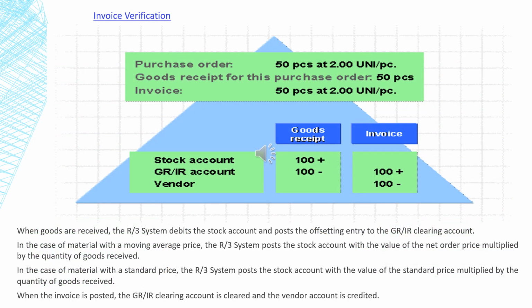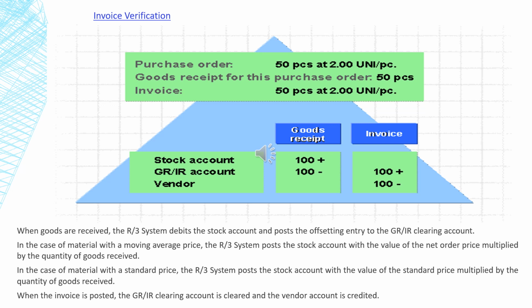When goods are received, the R3 system debits the stock account and posts the offset entry to the GR/IR clearing account. In the case of material with a moving average price, the R3 system posts the stock account with the value of the net order price multiplied by the quantity of goods received.